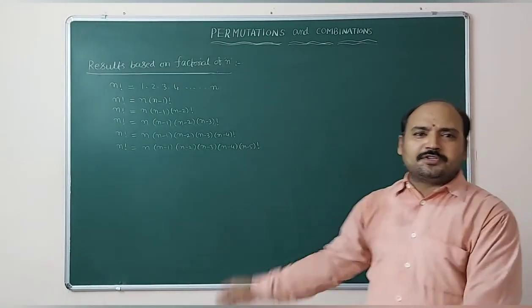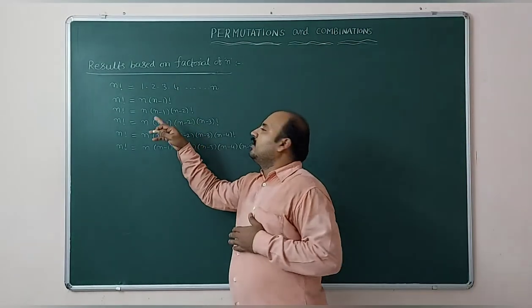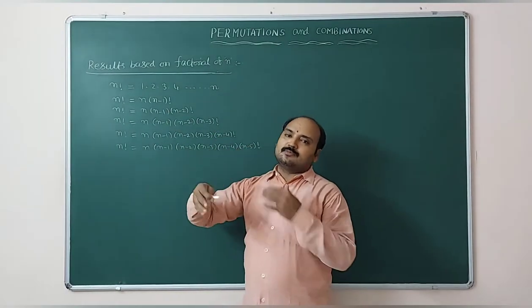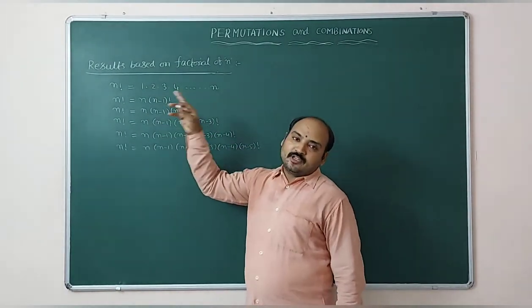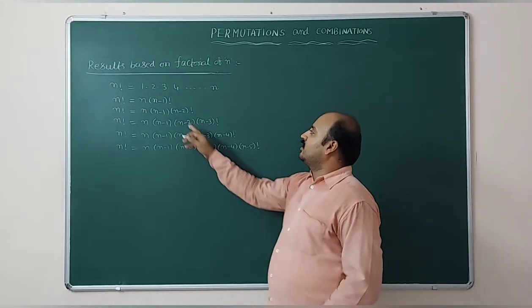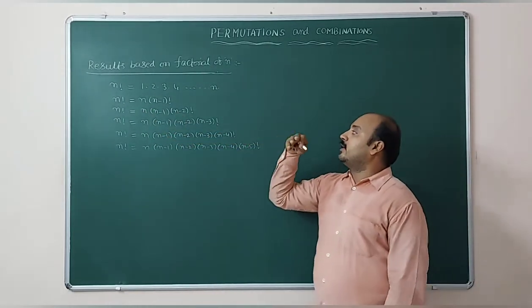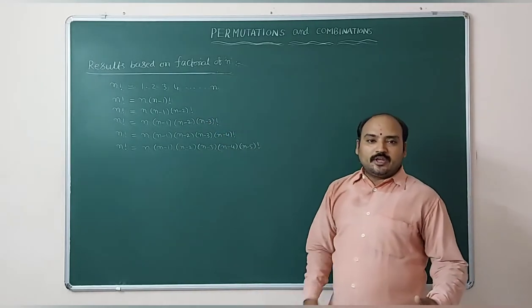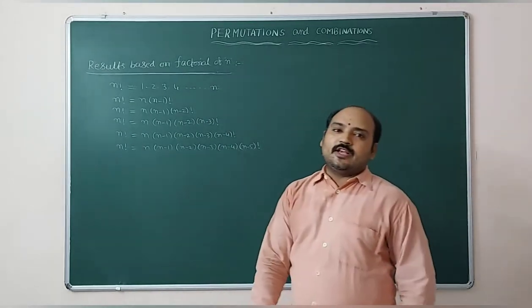This is the way we can write n factorial according to our convenience. Suppose n minus 1 factorial is there, so n factorial can be expressed in this form. If n minus 2 factorial is there, we can express it in this form. If n minus 3 factorial is there, in this form. This is the way we can express it.